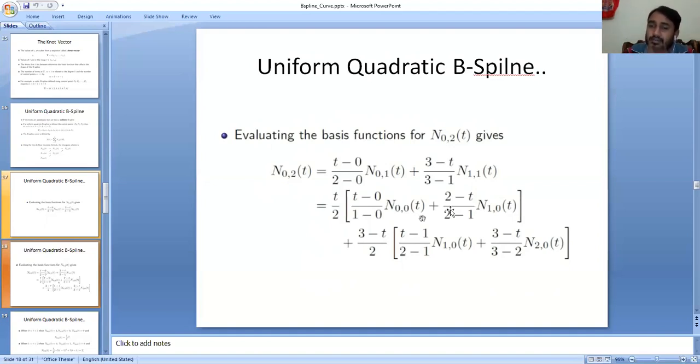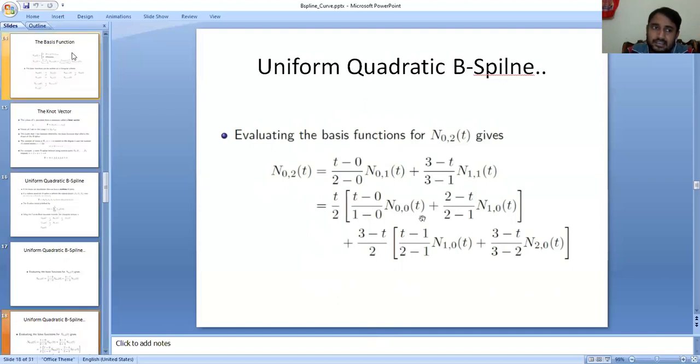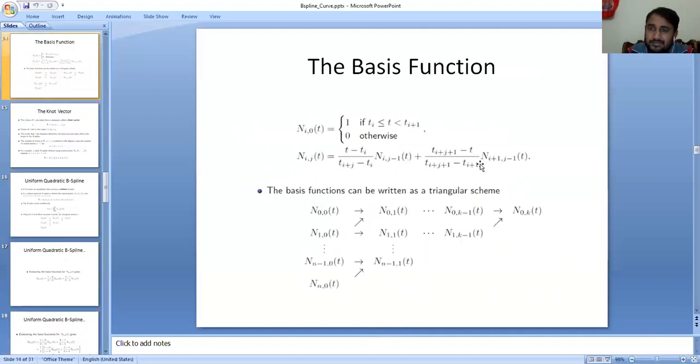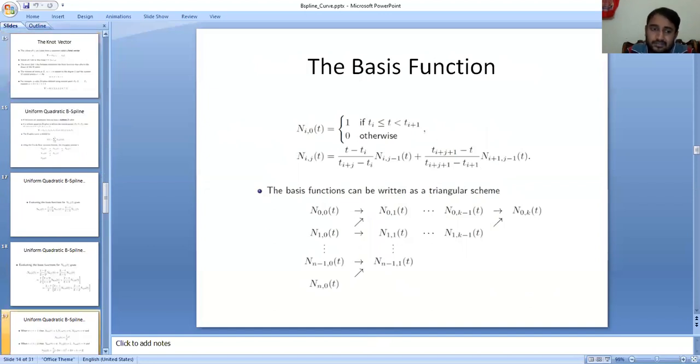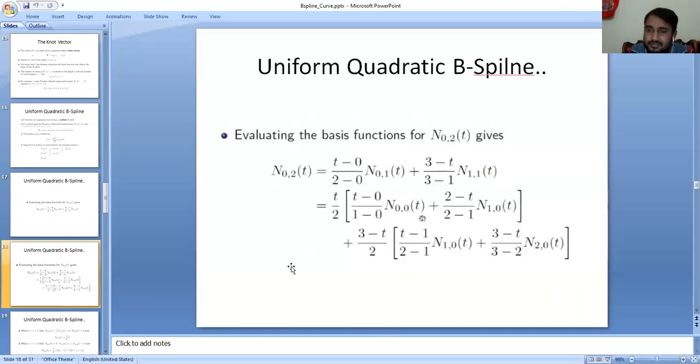This will be 2, and minus N(i+1, j minus 1). With the help of the formula, i plus 1 will be 1 and j minus 1 will be 0. Bracket (t). So this has been expanded here. Similarly, you have to expand this (3 minus t) upon 2, and you have to expand this. So this will be the expansion.